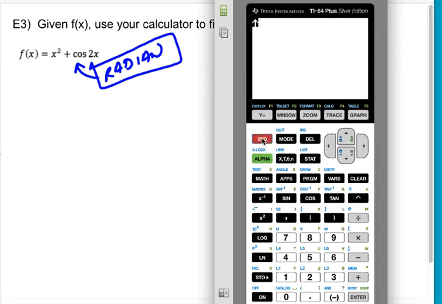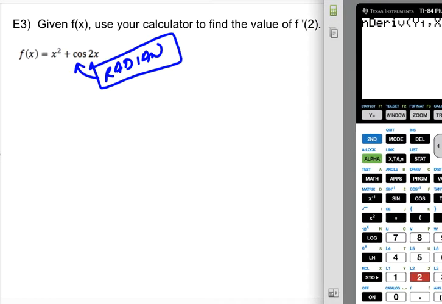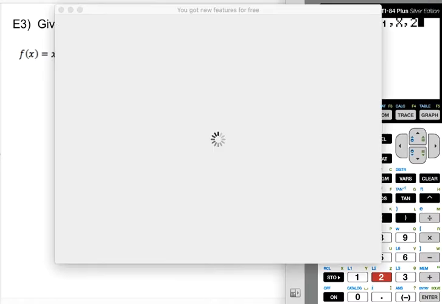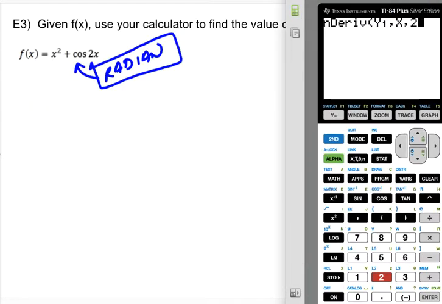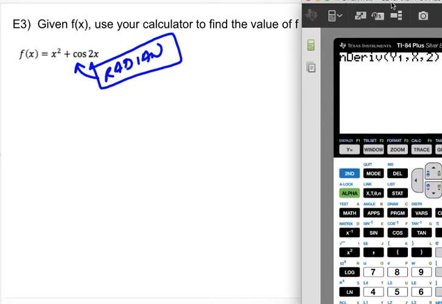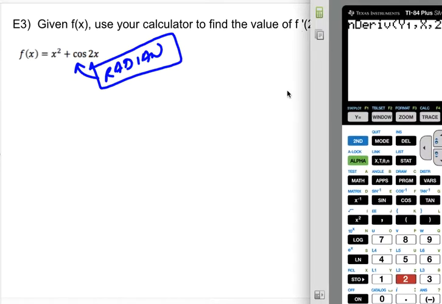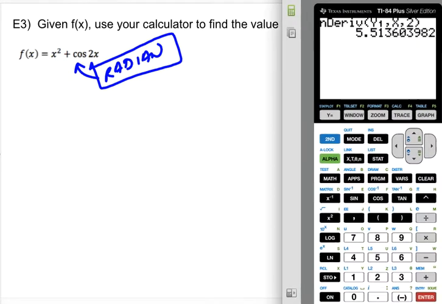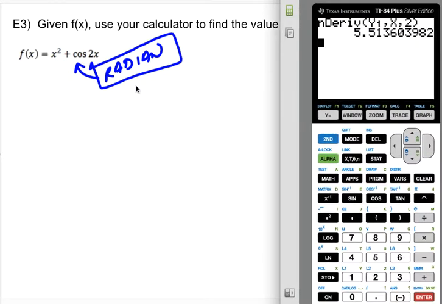Now, here's the thing. If I want, I could hit second enter because I just did nDeriv. I already did that, right? So I could just do second enter and change this to 2 because I wanted f prime of 2, and that would be fine. I could just change it to f prime of 2, and I'd hit enter. And I'm going to get that it's approximately 5.513, right?